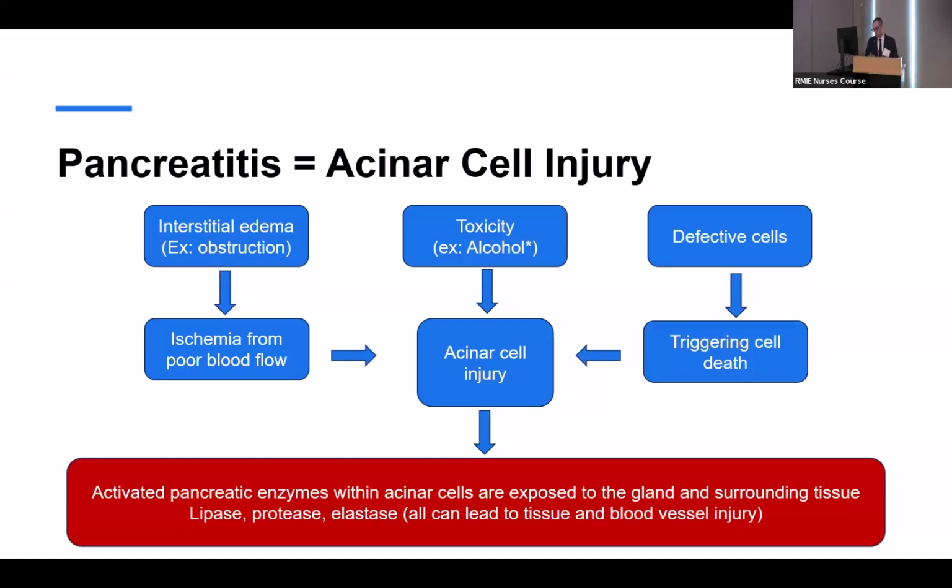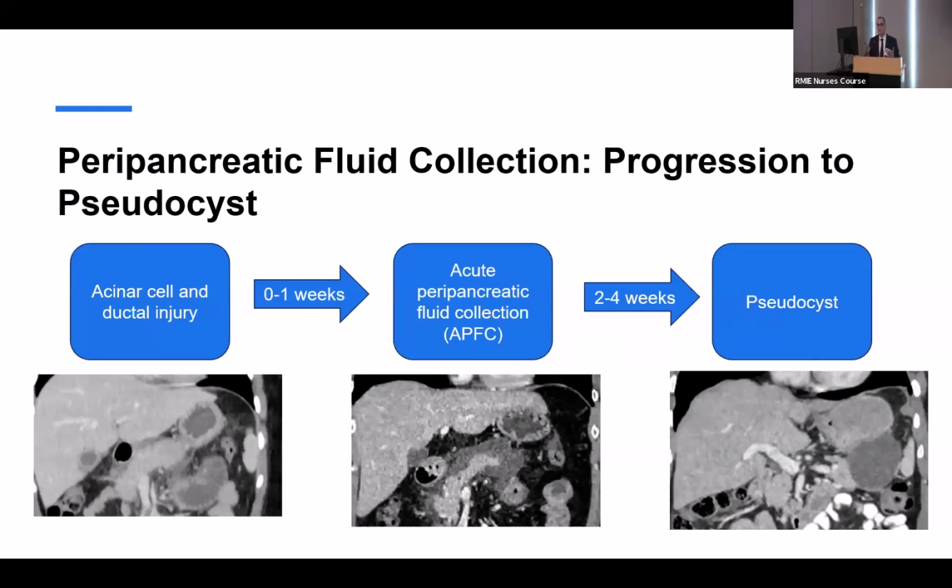Okay. So we talk about just redirecting this towards the pseudocyst progression, and what really is going on, I think at the macro level, is we get some type of acinar cell and ductal injury. So on CT scan, this is a beautiful progression within this patient. You see really kind of puffiness and what we term fat stranding.